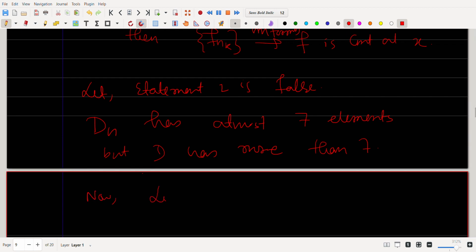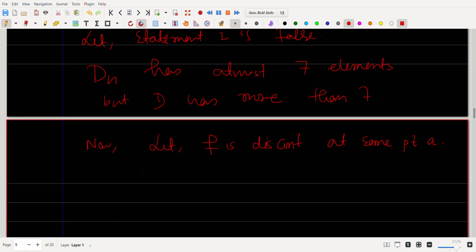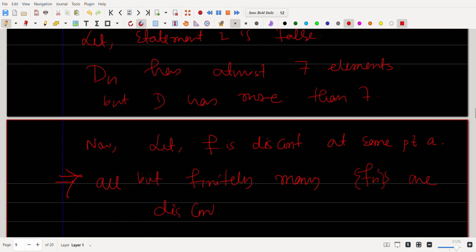Now let f be discontinuous at some point A. Then we can say, this is very important, all but finitely many f_n's are discontinuous at A.